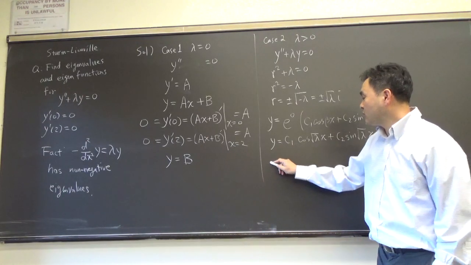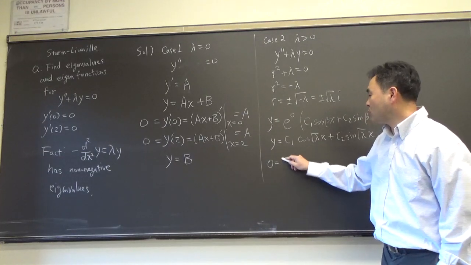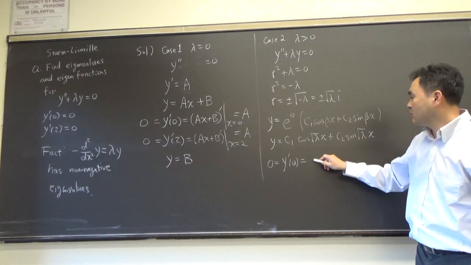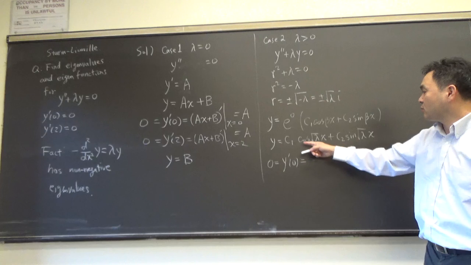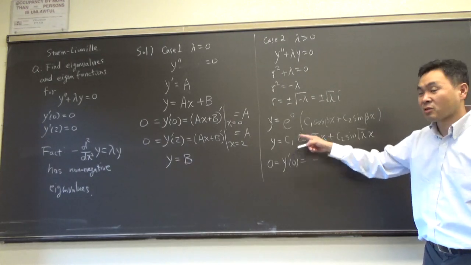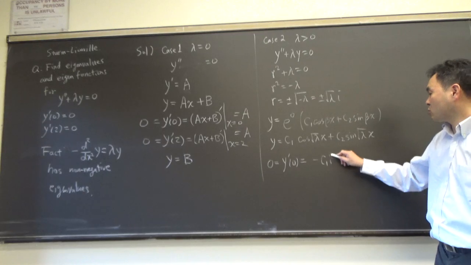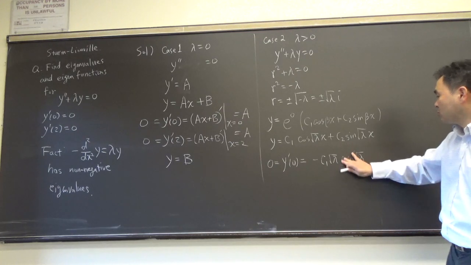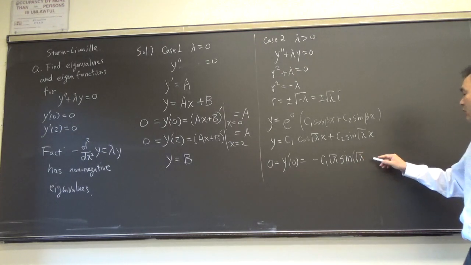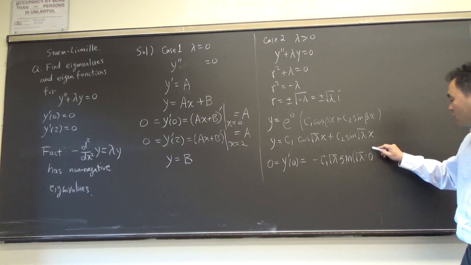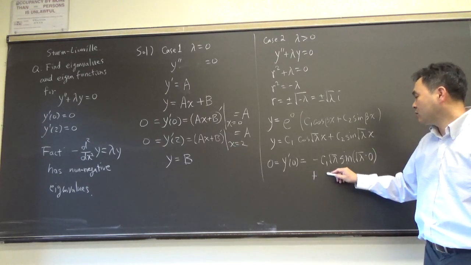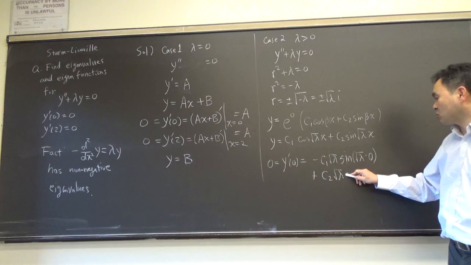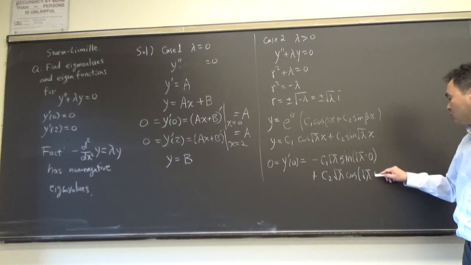Now use the fact that y prime of 0 is 0, and the derivative of this would be negative, if you differentiate this, square root of lambda comes outside because of the chain rule, so negative c1 square root of lambda sine square root of lambda x, but you're plugging in 0 into x, plus c2, again square root of lambda comes outside because of the chain rule, sine differentiates to cosine square root of lambda times 0.